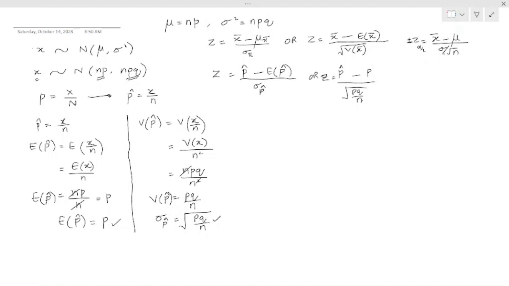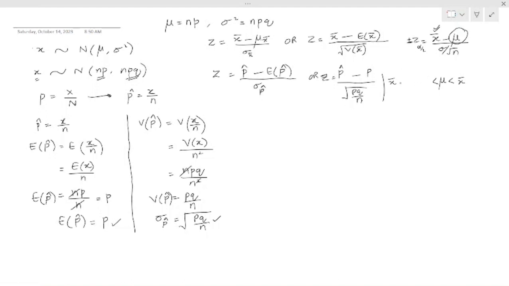Now, how do we directly structure the formula for CI for population mean mu? We keep population mean mu in the center. Then we start our formula with the corresponding population parameter on both sides, so that's x bar and x bar.